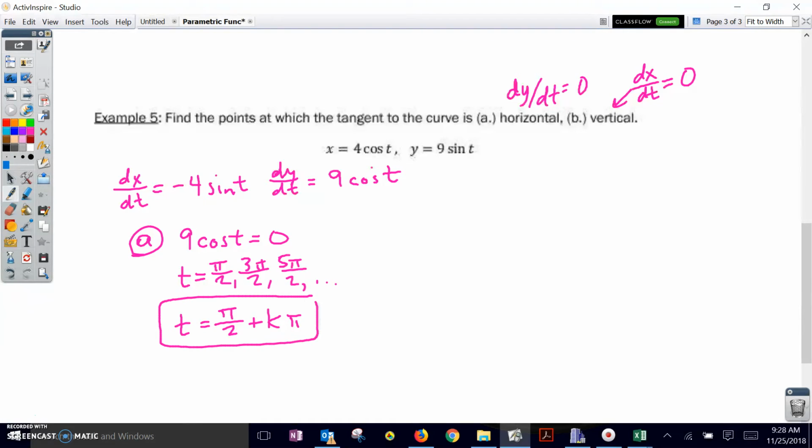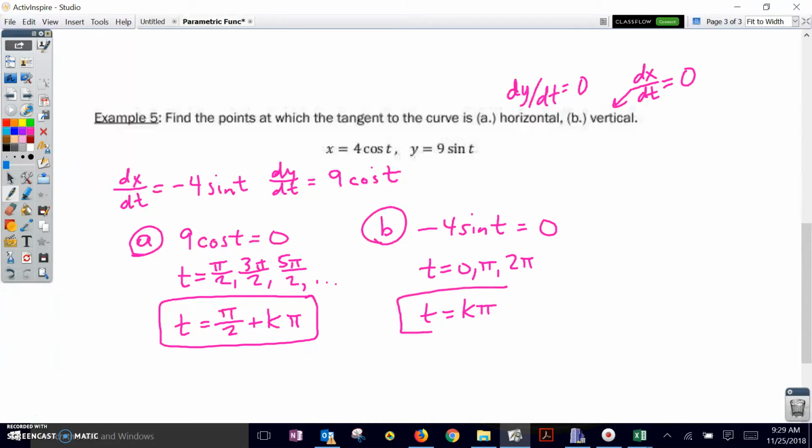Everywhere there's horizontal tangents. And for part B, for vertical tangents, we're looking for where negative 4 sine of t is equal to 0. So where sine of t is equal to 0, which happens at 0 and pi and 2 pi, and so for all values of time of the form k pi.